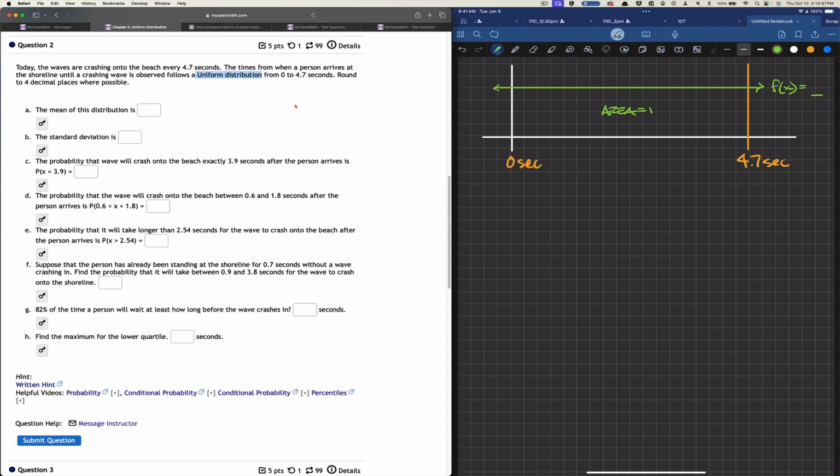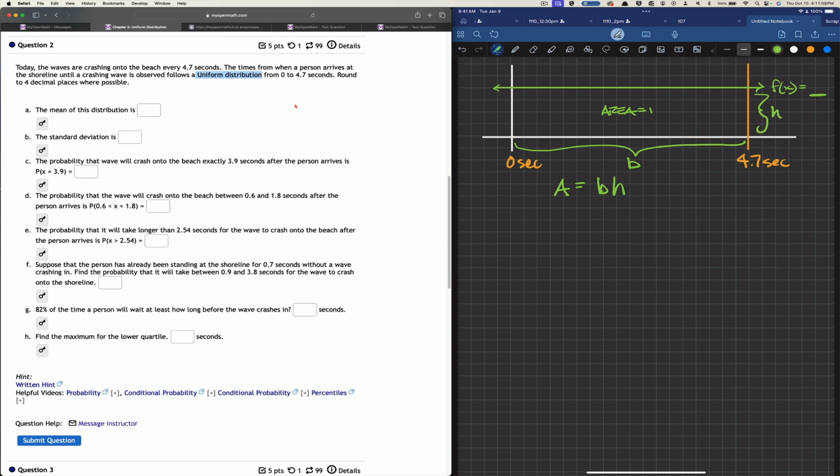I need to determine the height of my function, and I need this distance in order to do that. Why? Because the area of a rectangle is equal to base times height, this being the base and this being the height.